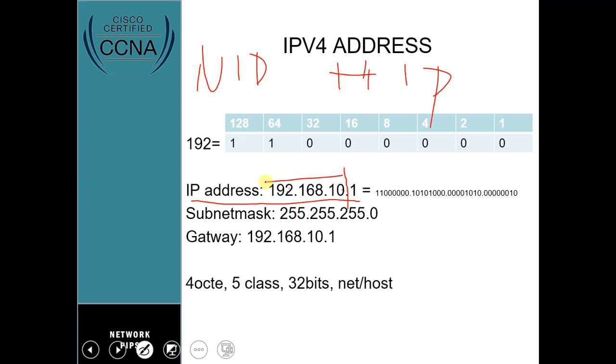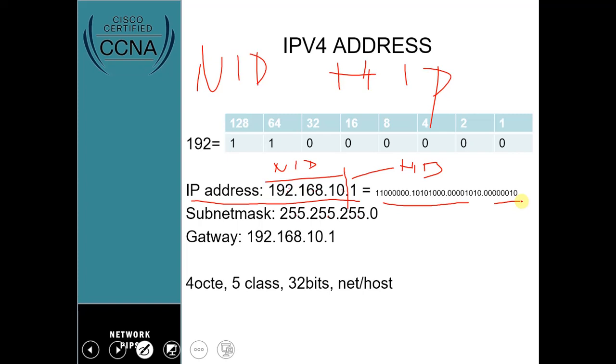Down here is the network ID, and the remaining bits here are the host bits. We can call it the host ID. So the same thing here, network ID, and this one is the host bit. That's how you determine it.